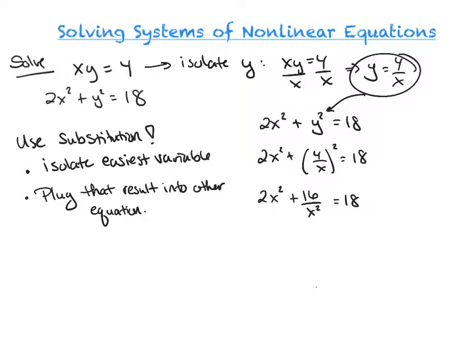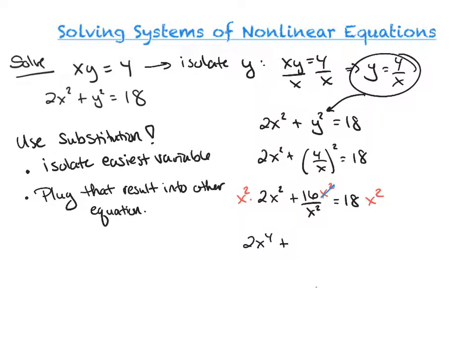Okay, now we're back to solving for x. We have fractions here, so the first thing that we need to do is clear our fractions. So let's multiply everything we have by an x squared. When we do that, we get 2x to the 4th.